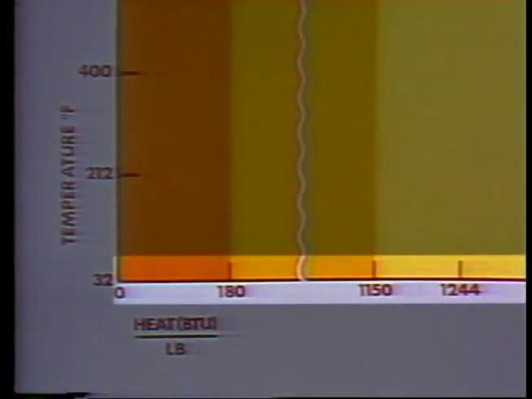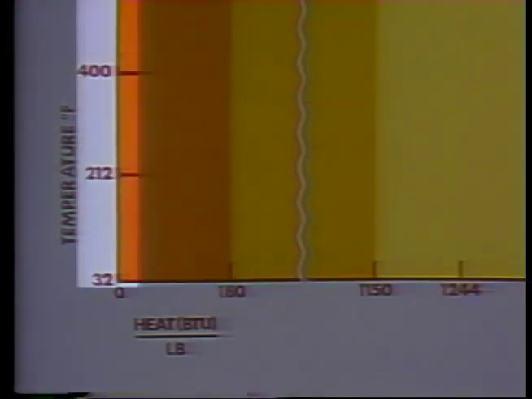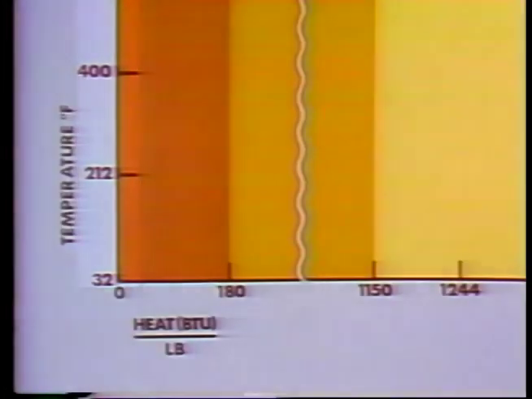The horizontal line of the graph indicates the amount of heat in BTUs added to the water. The vertical line indicates the temperature of the water. When water at 32 degrees Fahrenheit is heated, we get a line, which we'll call the process line, that looks like this. As heat is added, the temperature of the water rises until it reaches the saturation temperature.